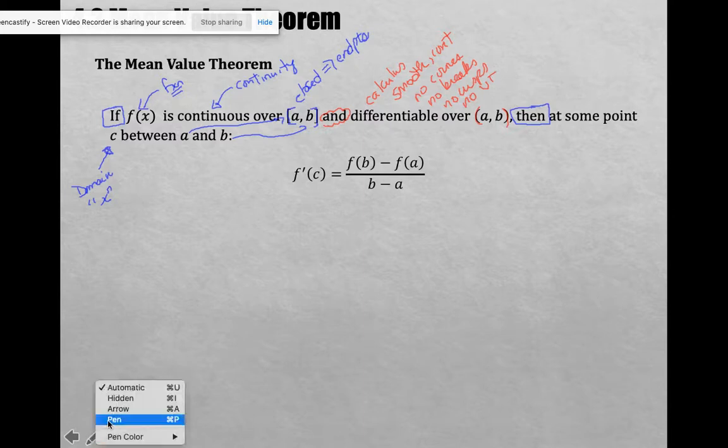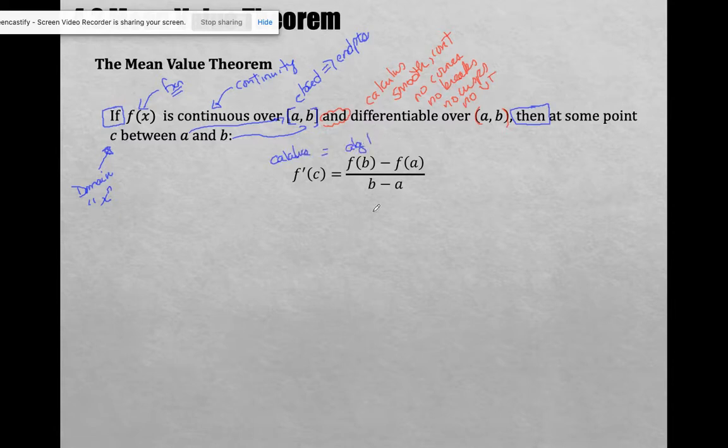Think about what this statement says. Hello, Algebra 1. Calculus is equal to Algebra 1, because this is just your change in y over change in x. This is the slope of the secant, or the average rate of change.